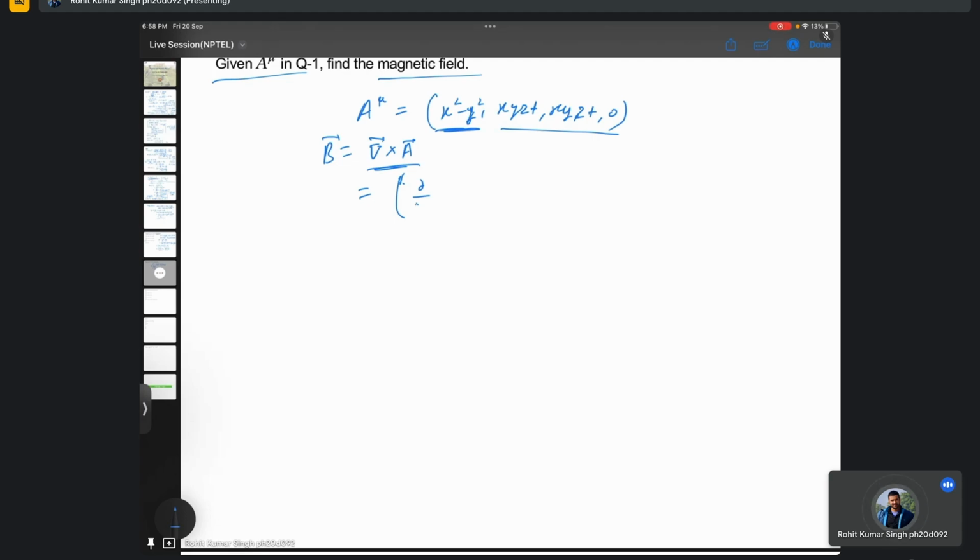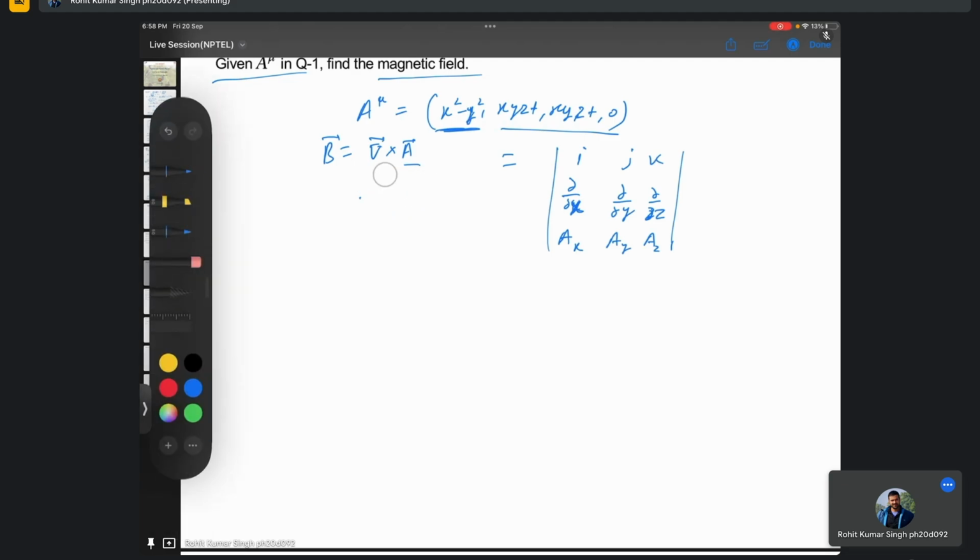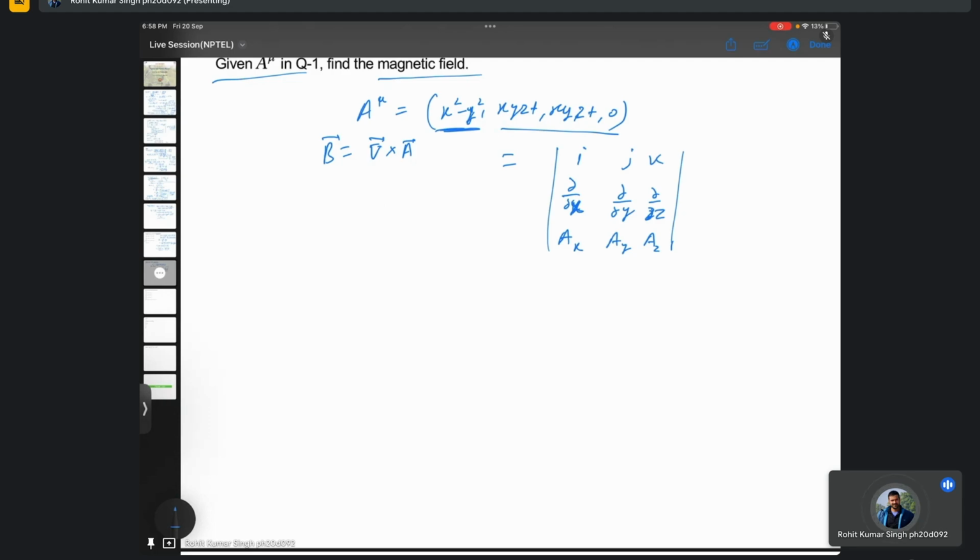So yeah, I mean you're right. So yeah, you can just take a determinant and ax, ay, az, right? But one can write it directly also.